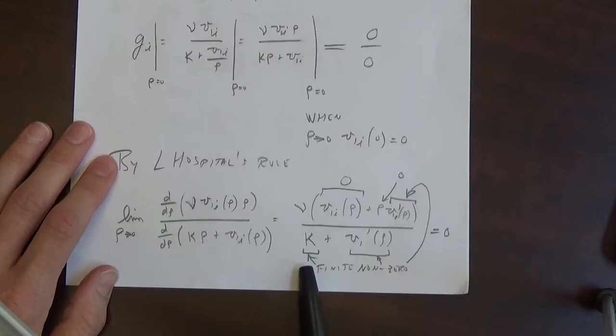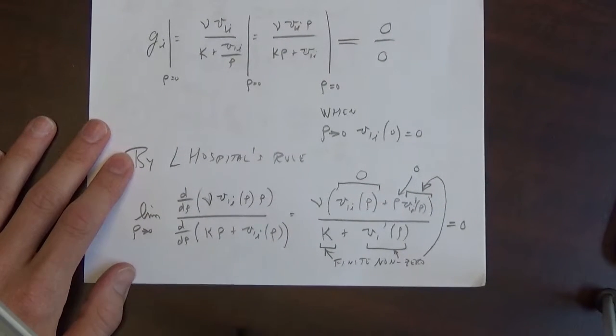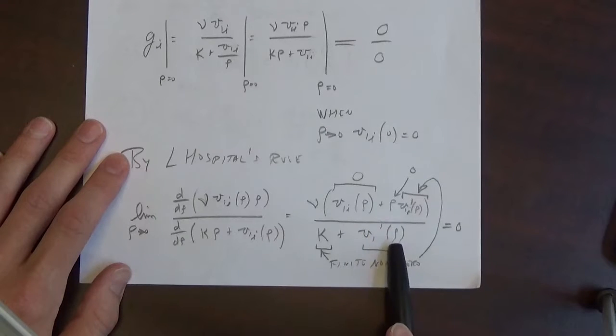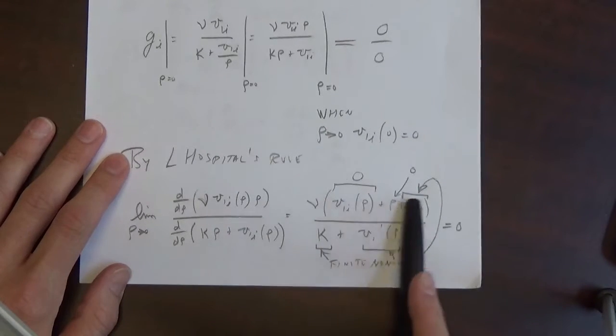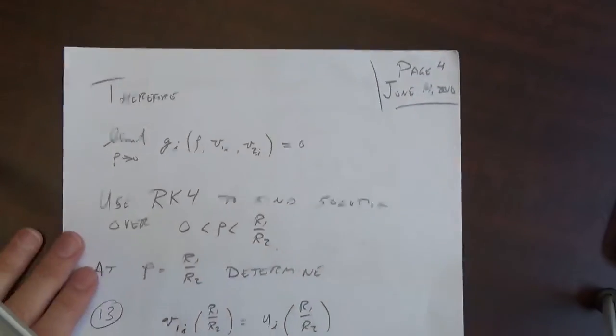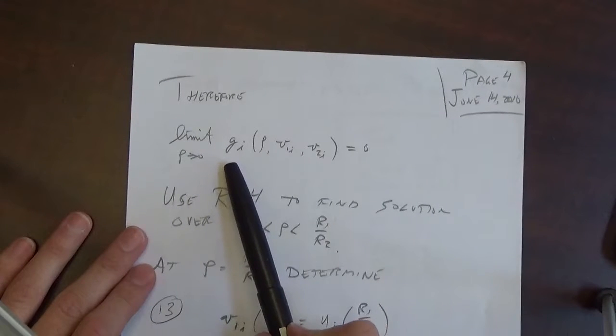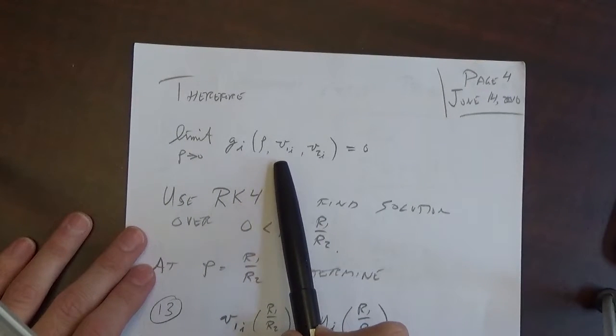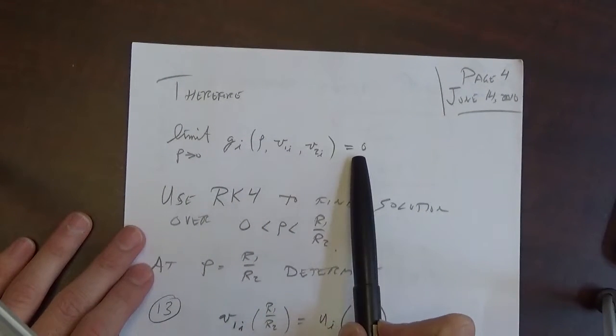This kappa is just some finite value, because we took the derivative and that got rid of the rho. And this v1 prime rho is again just a finite value, which means we have a finite value divided by 0, giving us 0. Which means that in the limit that rho goes to 0, g sub i at rho, v1i, v2i is equal to 0.